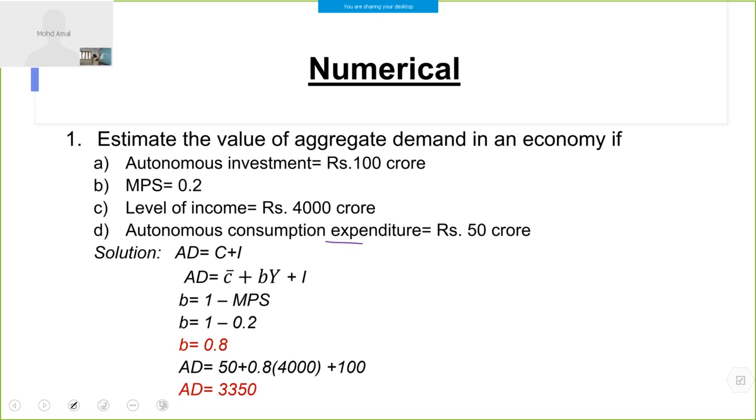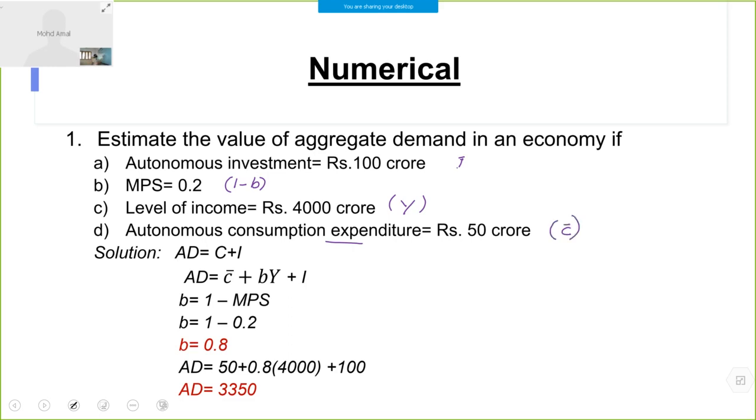So first one, autonomous investment. Autonomous investment we know is constant. Then MPS, that is 1 minus MPC. Then level of income, that is Y. Autonomous consumption expenditure, that is C dash.